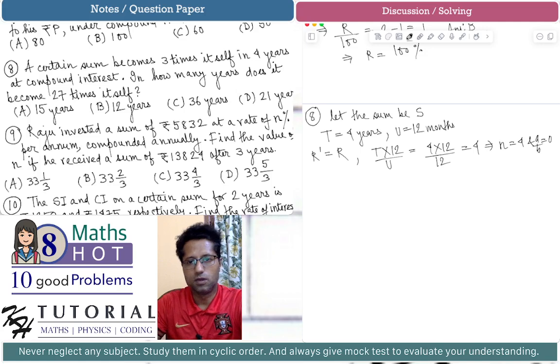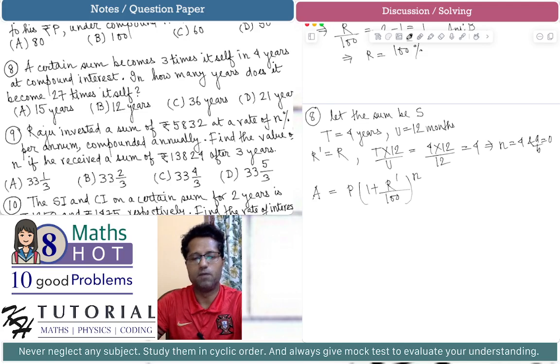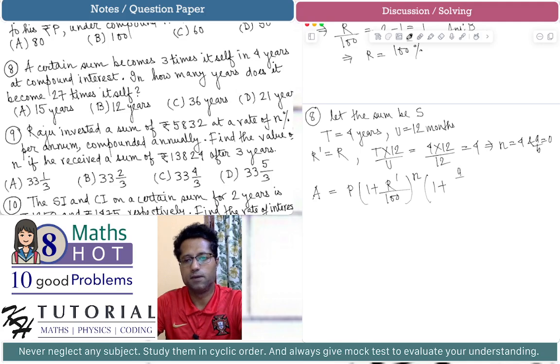Okay. So for the general formula of compound interest, we know the amount A will be equal to P, this is the general formula I am writing, (1 + R'/100) to the power small n, and (1 + (a/b) R'/100).